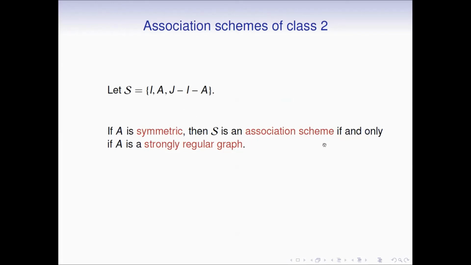And it is equivalent to a strongly regular graph. It is just a strongly regular graph. It is nothing more than that. So we just forget about the symmetric case and let us focus on the non-symmetric case. Non-symmetric association schemes of class 2.